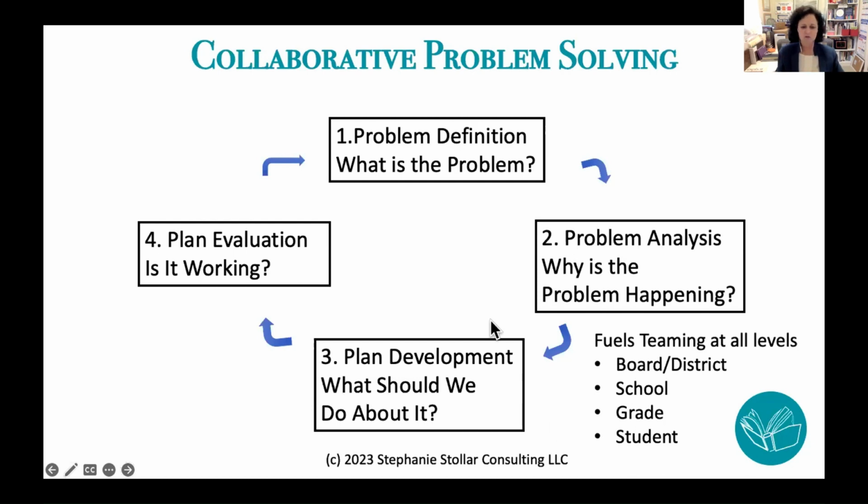So this starts with a clear definition of the problem that feeds into analysis of how and why the problem might be happening. The outcome of step 2 is a hypothesis. So just like in the scientific method, we're collecting data here to inform what's the likely reason, our hypothesized reason that the problem might be happening.